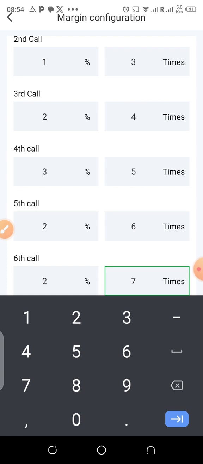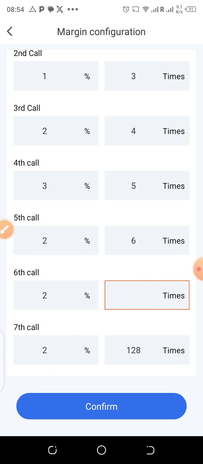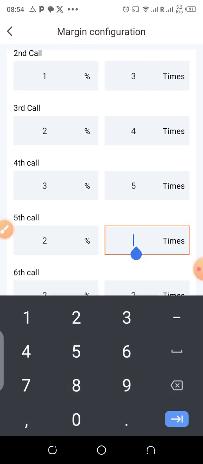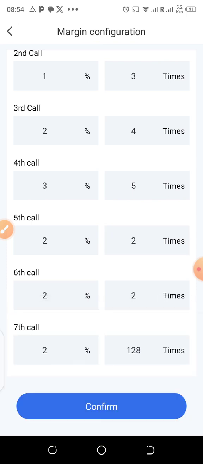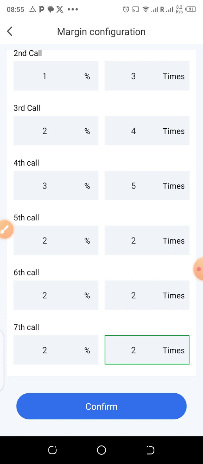From the fifth margin call until you keep going up, you trade basing on your capital. I want the robot to buy 2 times of my first buy in amount.